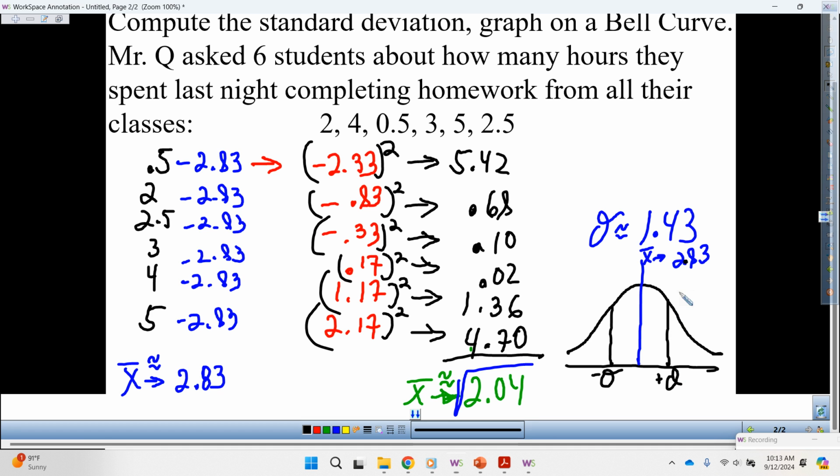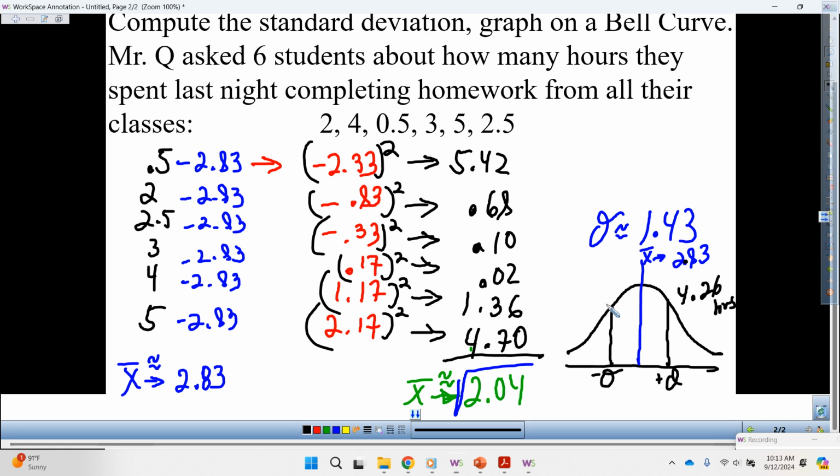Tell your neighbor, please. After one standard deviation up, where am I at? Let's see. Looks like Logan got it. Where am I at, Logan? 4.26 hours.